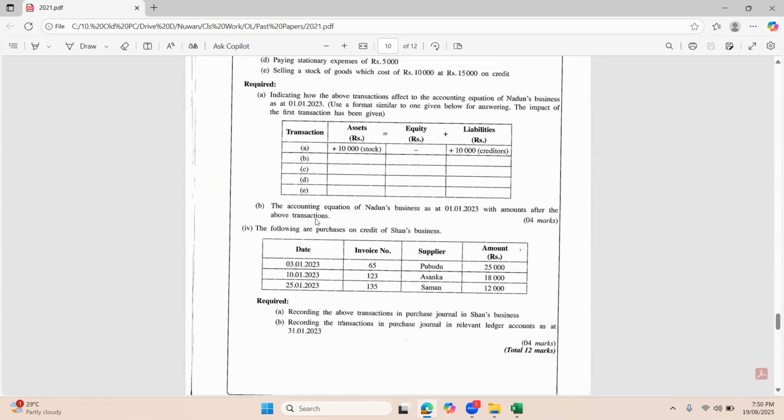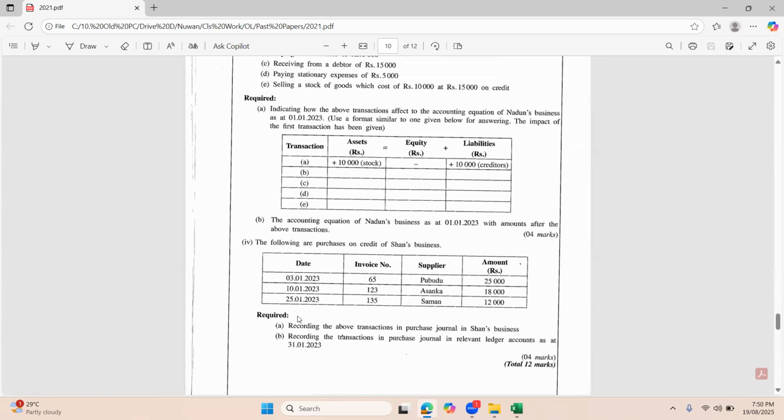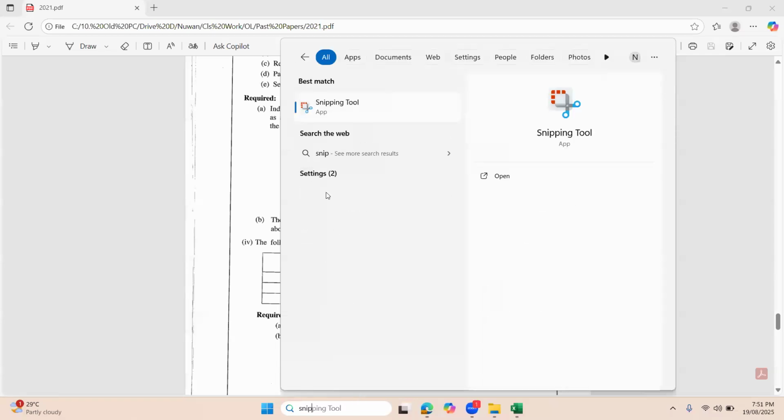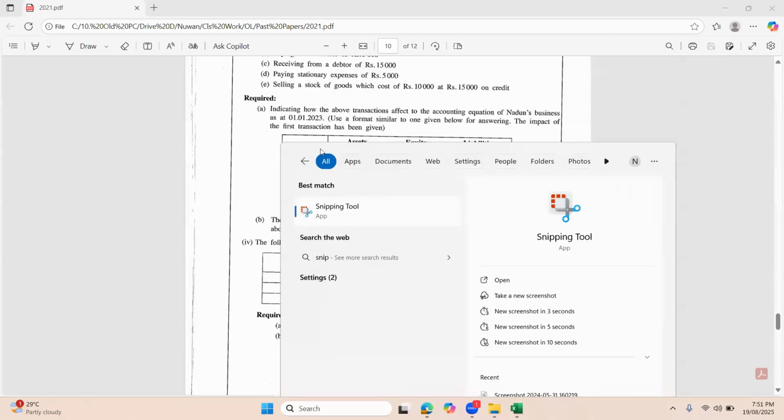They have tested it here in this question with 4 marks. The purchase journal. We'll do this one first. This is the 2021 paper.